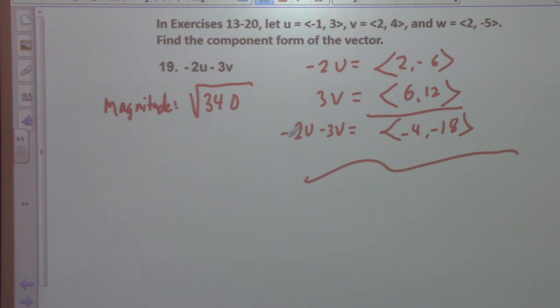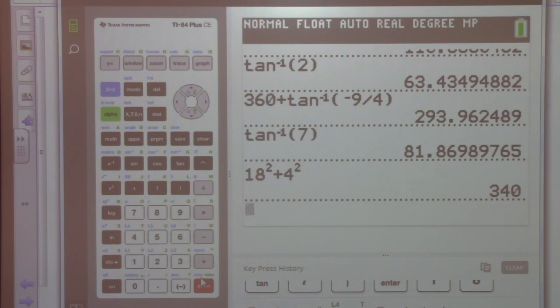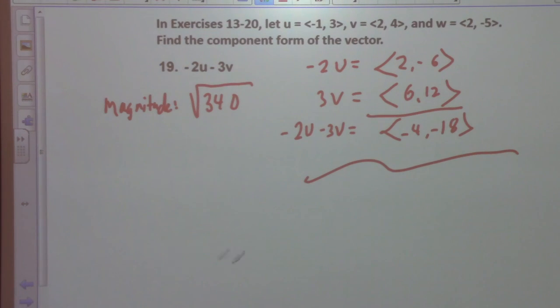That's going to be 340, you're right. 324, okay, I had the wrong number. All right, so that's going to be your magnitude.